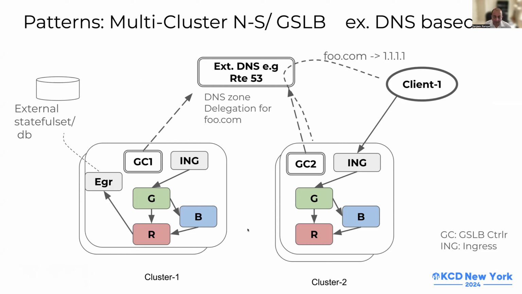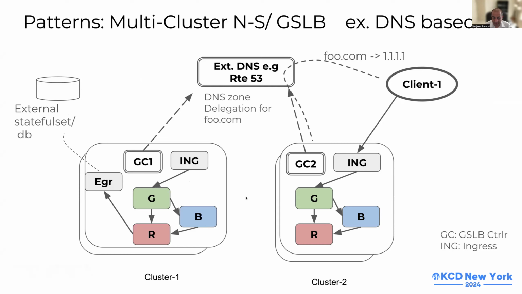What happens when a particular microservice is unavailable in that cluster? Well, you have to have the appropriate level of fault detection, health checking, and failover logic so that the GSLB controller is able to trigger a failover, and clients are able to get redirected to the other cluster when a particular cluster is in a failed state.